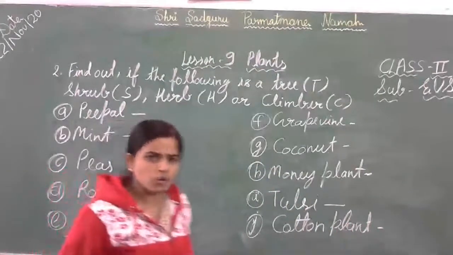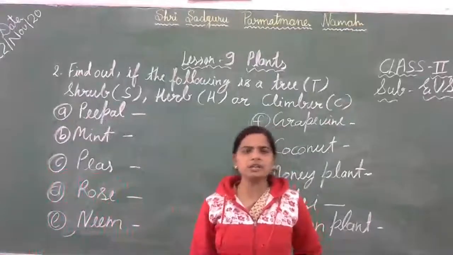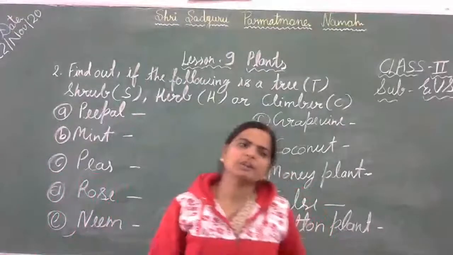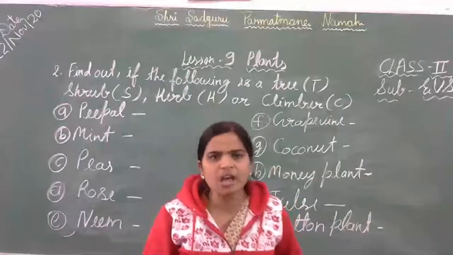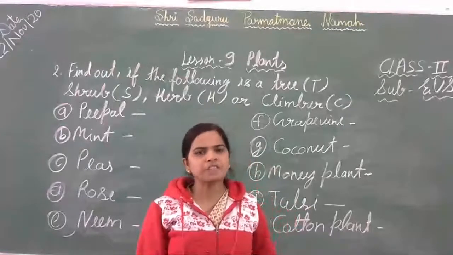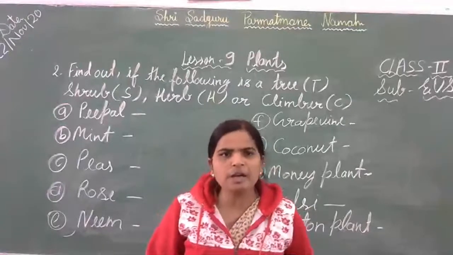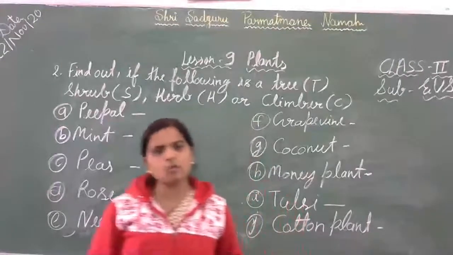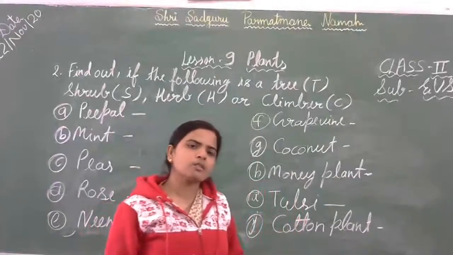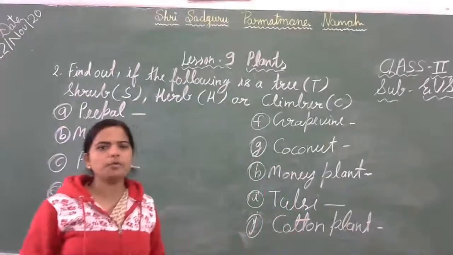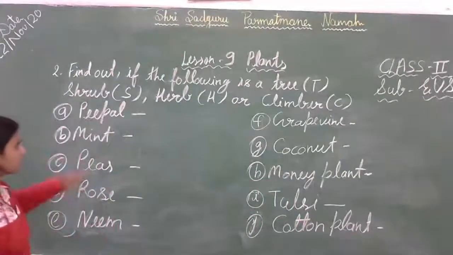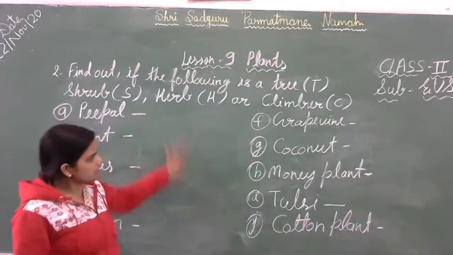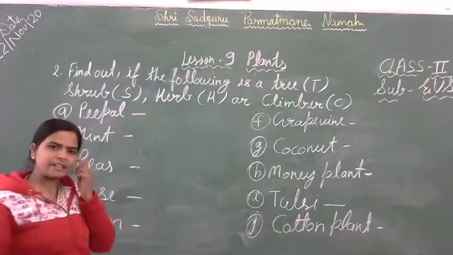Children, in previous video, we had learned about the different types of plants: trees, shrubs, herb, climber, and creeper. We also learned about examples of these types. So you write the different types of plants here according to the example.